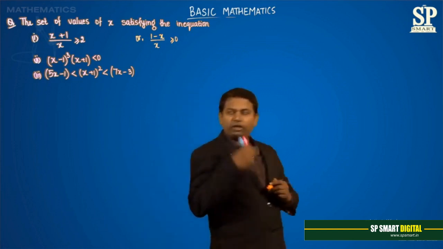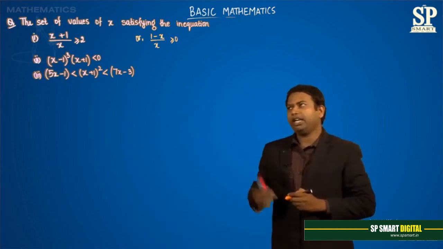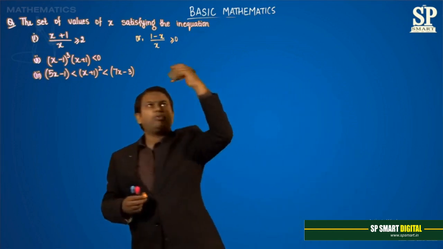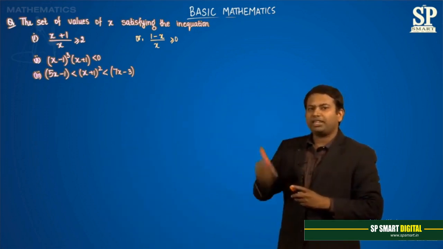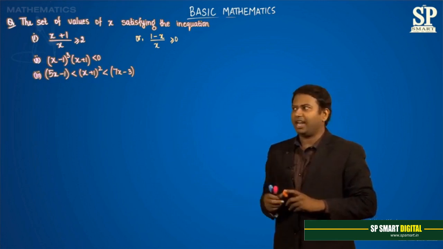Now, solving this inequality was easy because here only two factors were involved, 1 minus x and x.